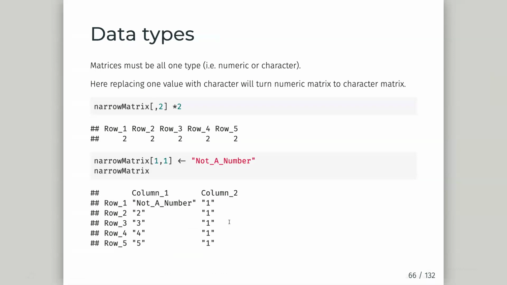This is a really important thing to know about matrices: they can only contain one data type, just like vectors. As soon as you add one string to your matrix, the whole thing can't be treated as numbers. In this case, I'm going to replace the first row, first column with something not a number.